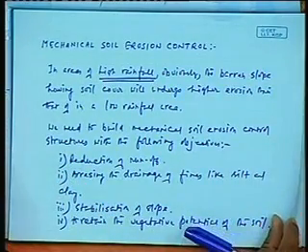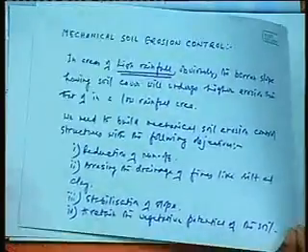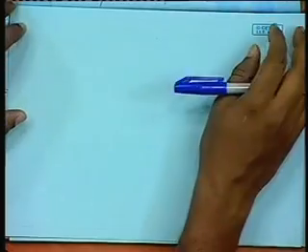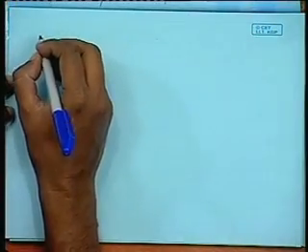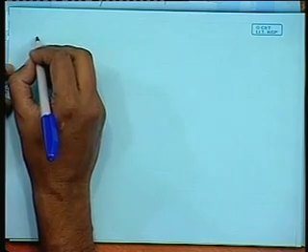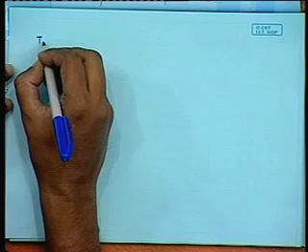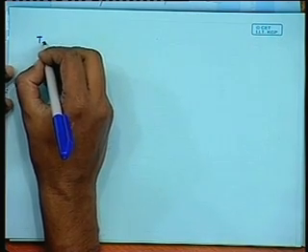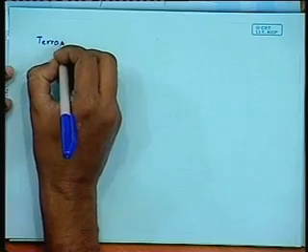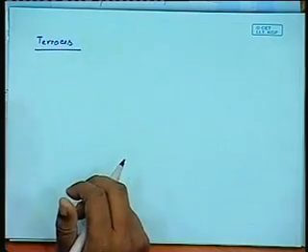Now we will begin the discussion about the soil erosion control structures that we generally build. One very important structure among the mechanical soil erosion control measures, the first one, is the terraces.